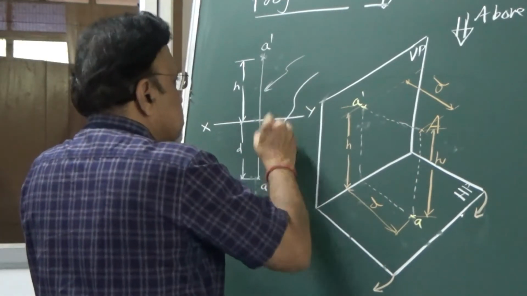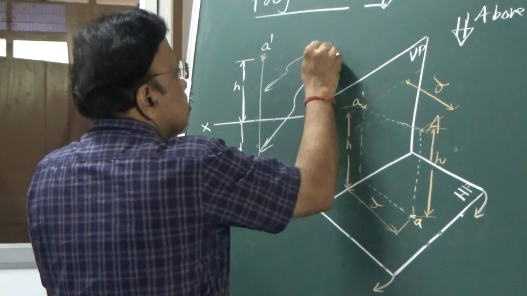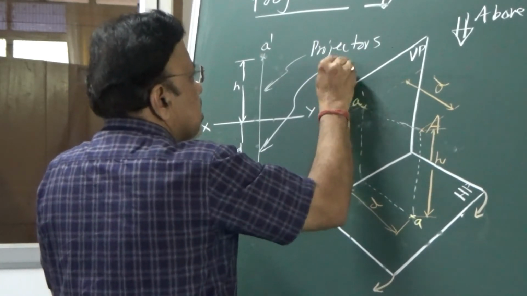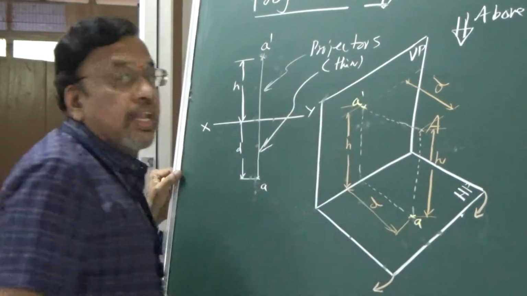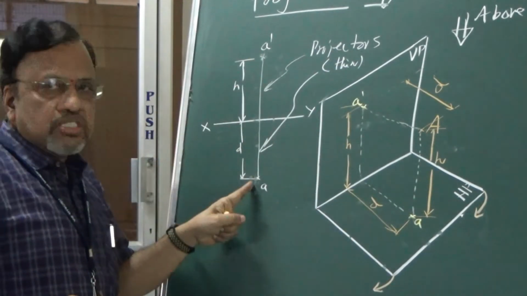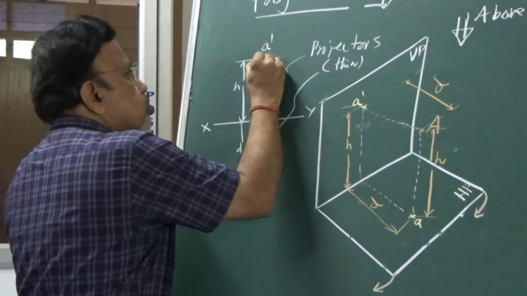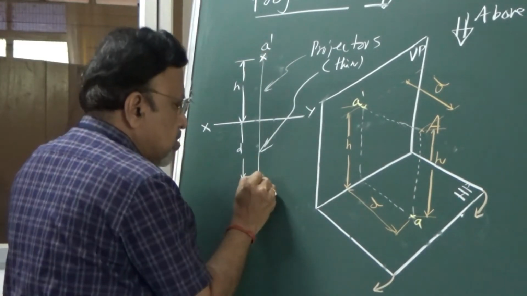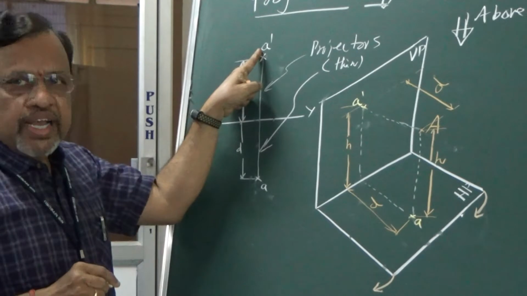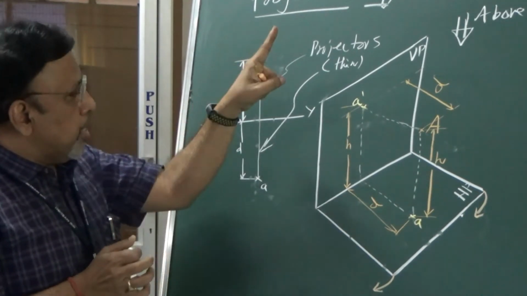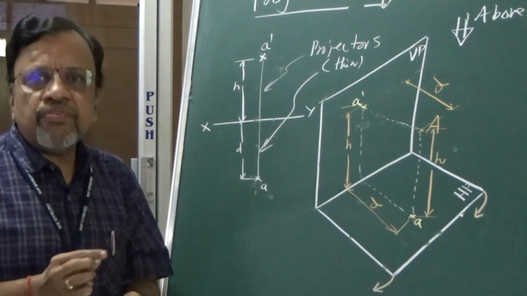Just indicate them here. These projectors have to be thin lines, as light as possible. You can show it as a star like this, which indicates this is A dash and this is A. So now we can see this is the projection of the point when the point A is in the first quadrant.